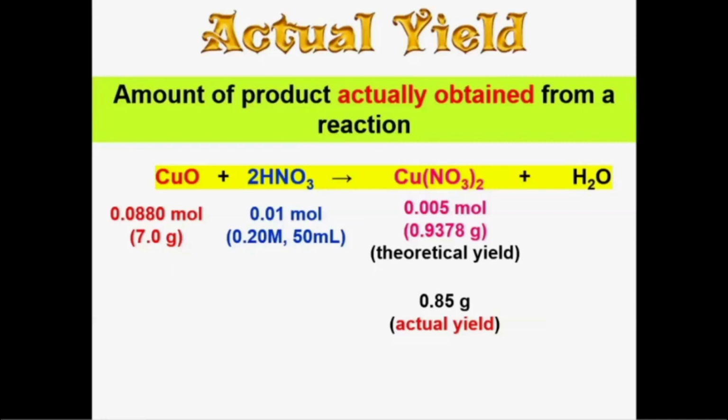We have 0.088 moles of copper(II) oxide and 0.01 mole of nitric acid, so we should get 0.9378 grams of copper(II) nitrate. However, in the actual reaction, let's say we only manage to get 0.85 grams. And this yield here is what we call the actual yield.